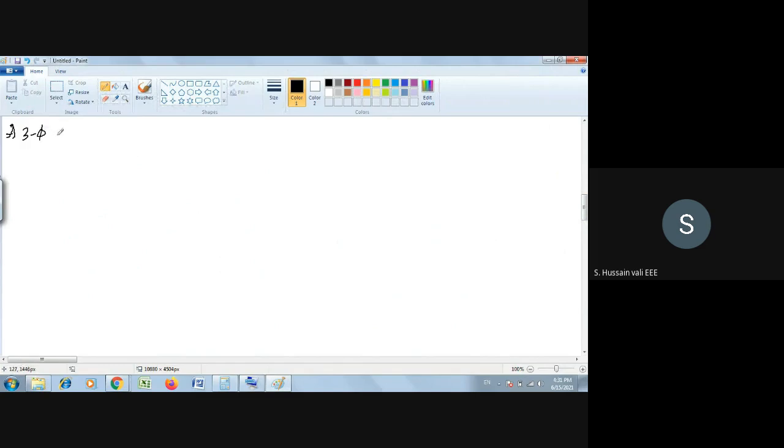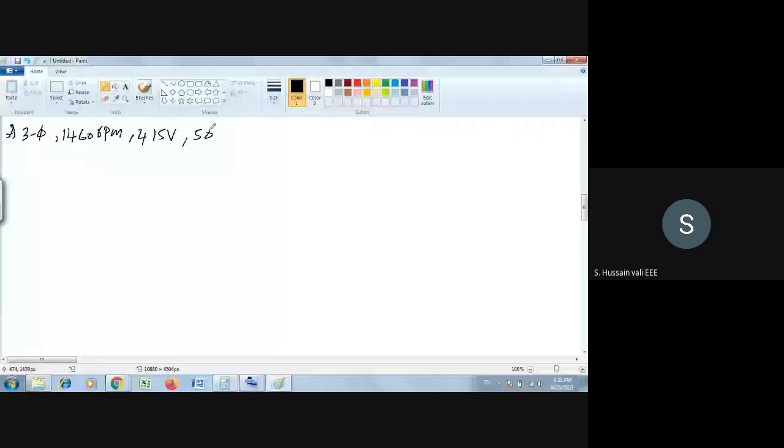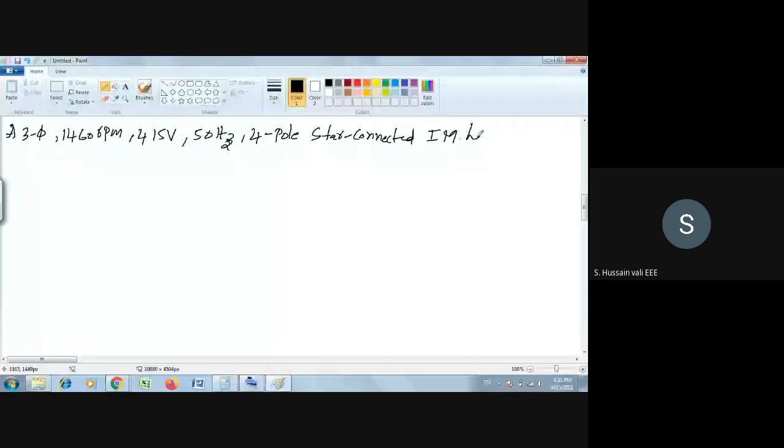The three phase star connected induction motor has the following parameters.